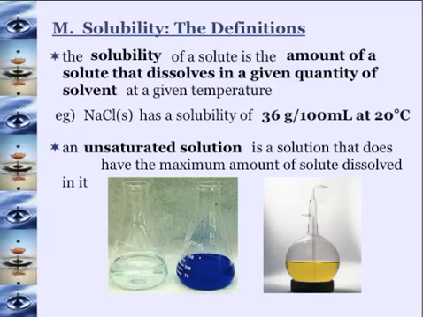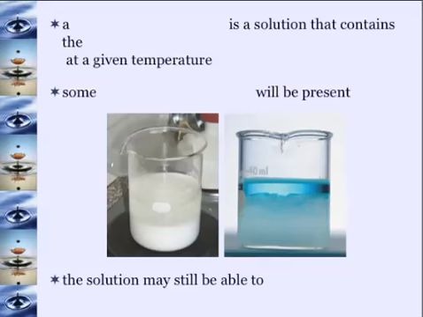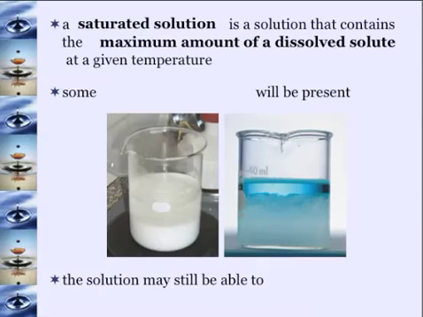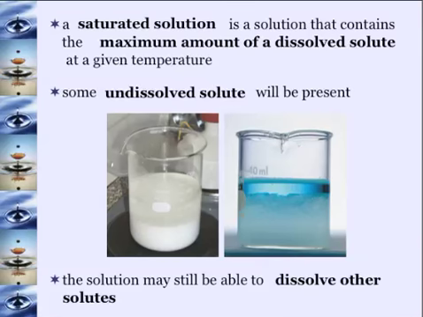An unsaturated solution is a solution that does not have the maximum amount of solute dissolved in it. Okay? A saturated solution, on the other hand, is a solution that contains the maximum amount of a dissolved solute at a given temperature. Some undissolved solute will be present. So the solution may still be able to dissolve other solutes, though.